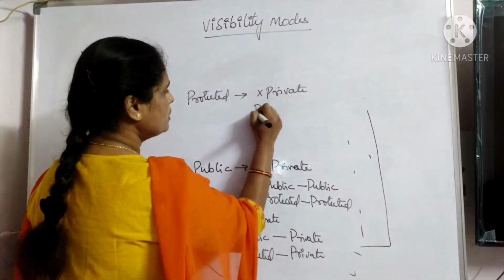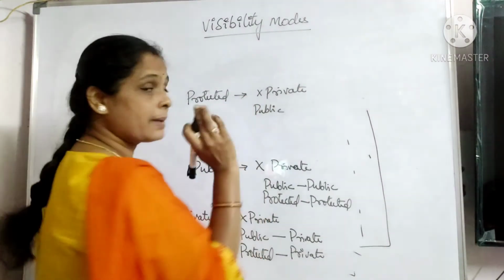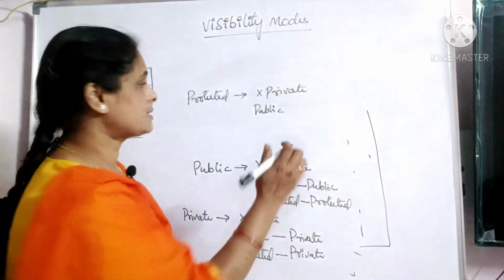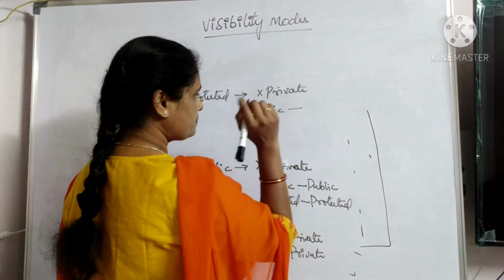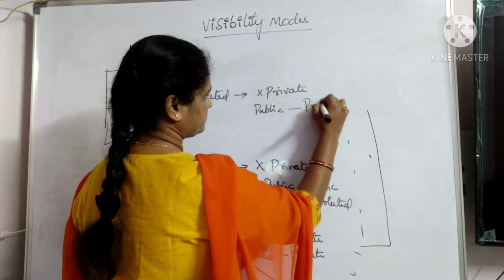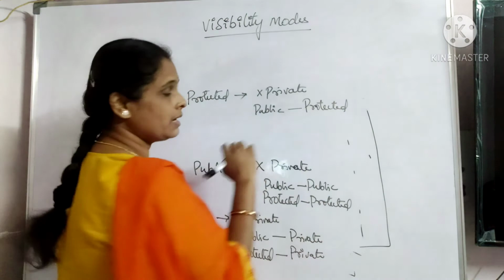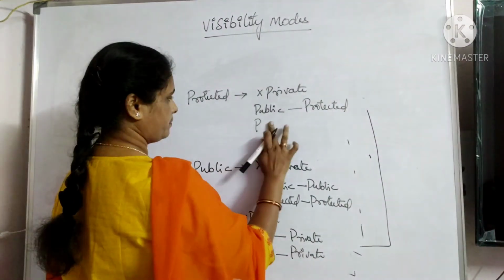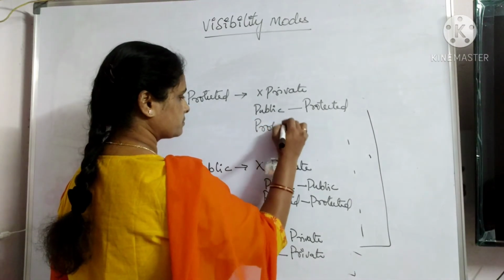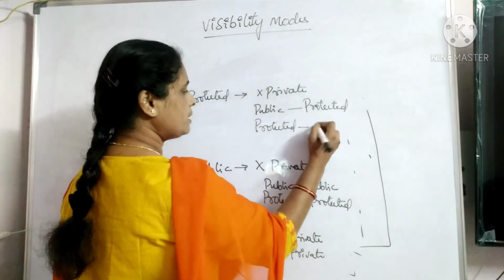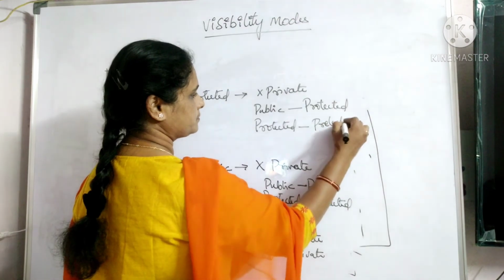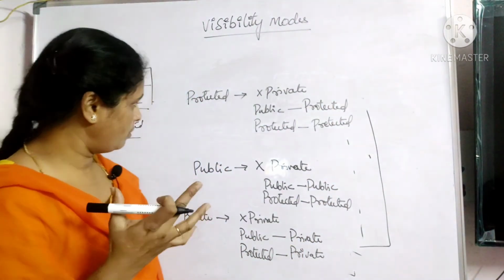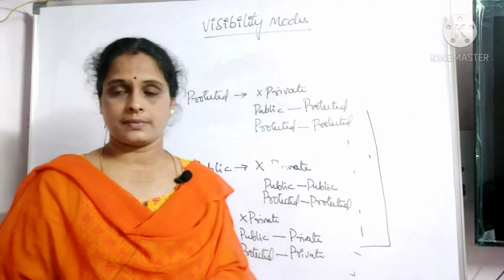Now coming to public members of the base class: they will be protected, and protected members will be protected only. So this is how visibility modes work in C++.